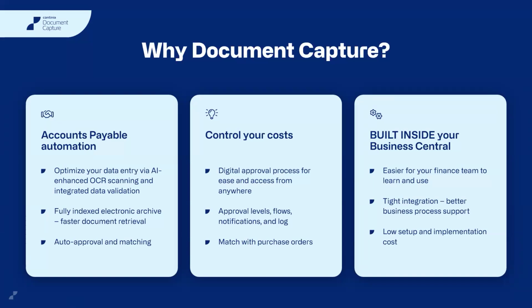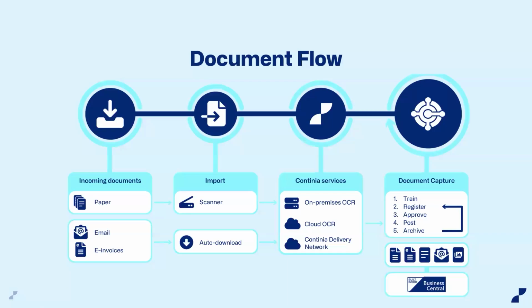If they're learning Business Central for the first time, it's also very easy to learn Continia at the same time, to just start the process and learn about accounts payable automation as they are purchasing Business Central as a new ERP system.